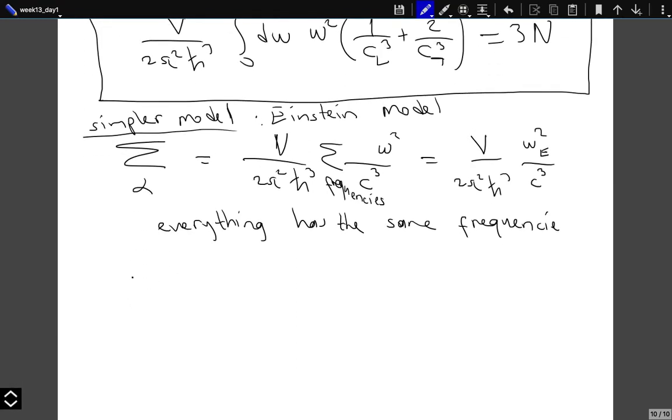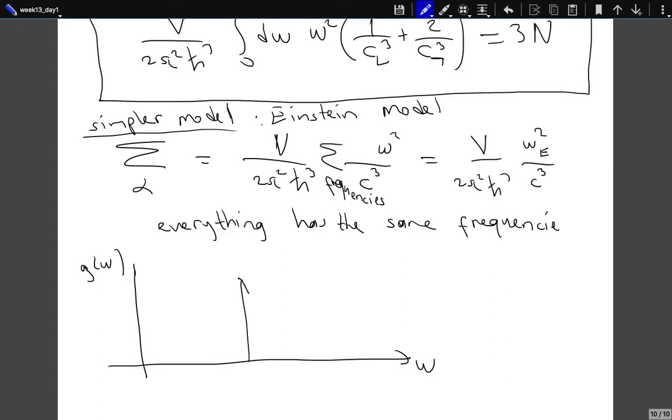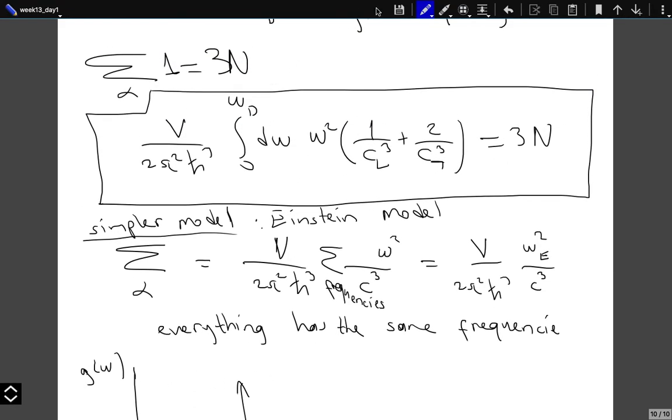In reality, if you consider the density of states as a function of frequency of the photons, you see the Einstein model is this one. You get a Dirac delta at some frequency. This is the Einstein model. The Debye model just tells you that the density, we had already derived it over here.